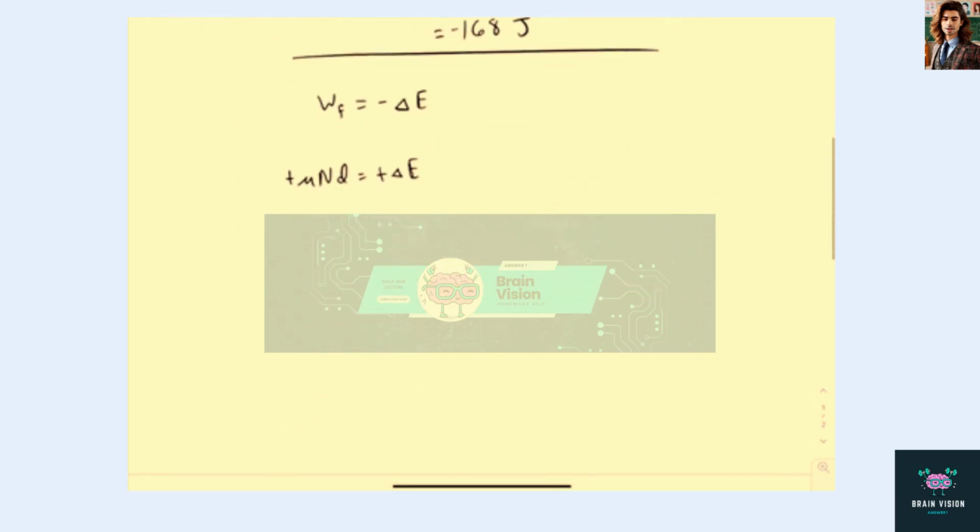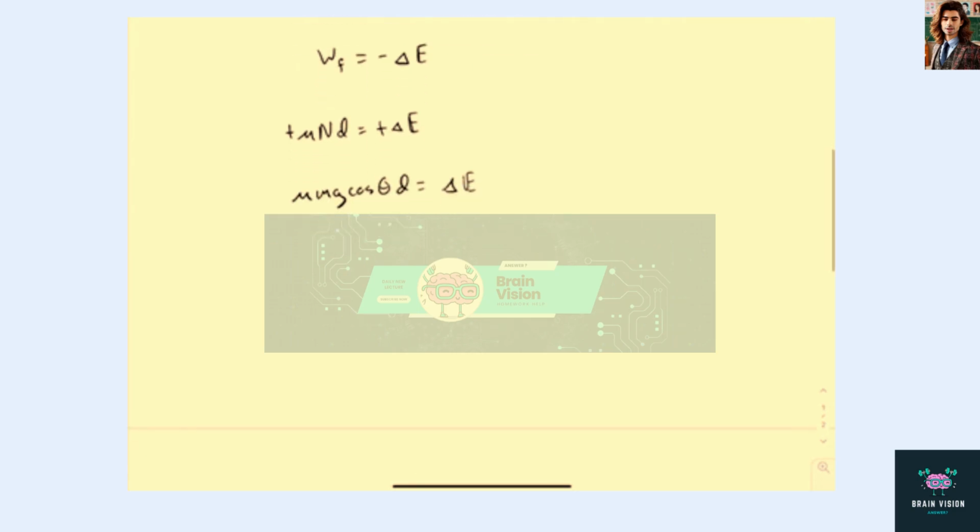So I can plug in here: mu mg cosine theta times the distance is the change in energy. Mu is 0.4. The mass is 10 kilograms. G is 9.8.